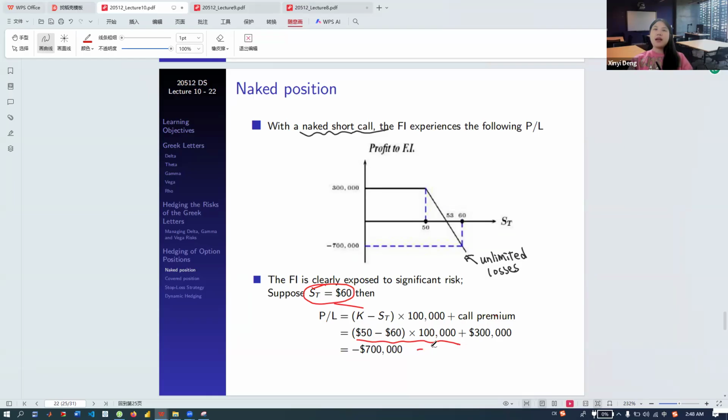That's actually minus 1,000K. If you add that minus 1,000K with 300K, you'll get minus 700K.